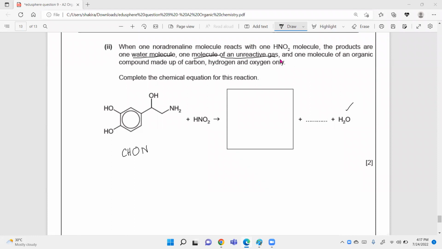If you think about these elements, carbon, hydrogen, oxygen, nitrogen, what should the unreactive gas be? I think the unreactive gas is N2. Now nitrogen N2 goes out, H2O goes out, and some compound comes over here.